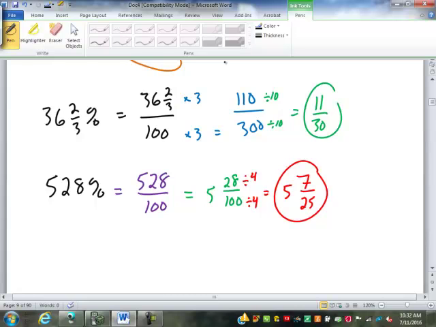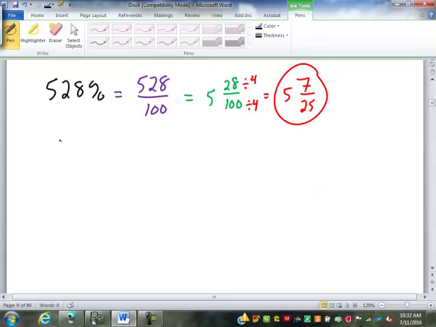Good deal. So I want you to try this one on your own. 210%. Turn that into a fraction or a mixed number.